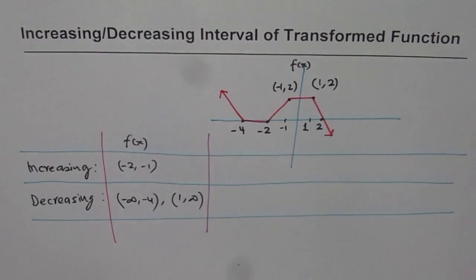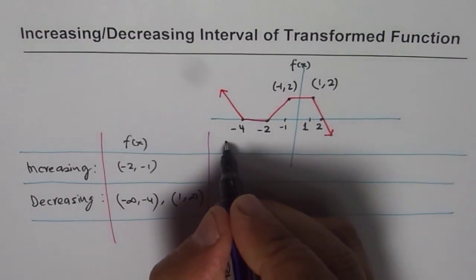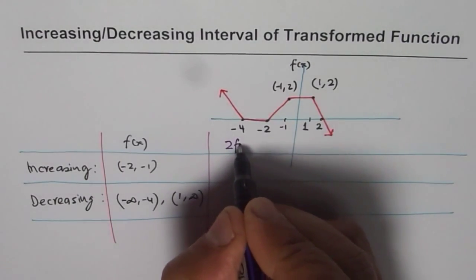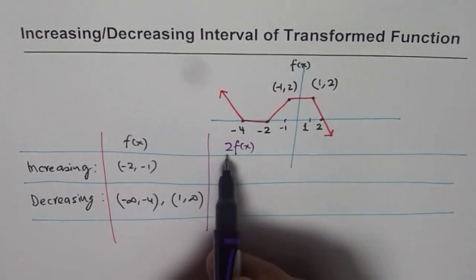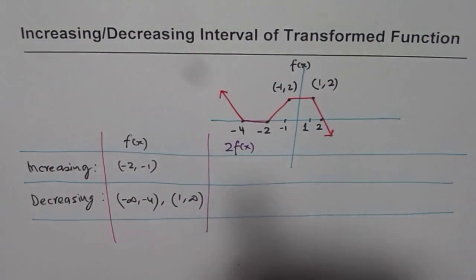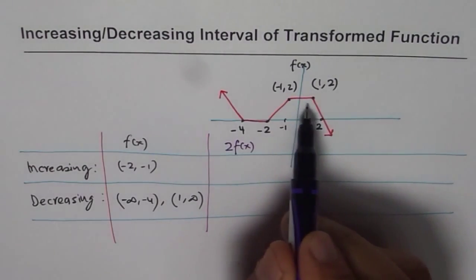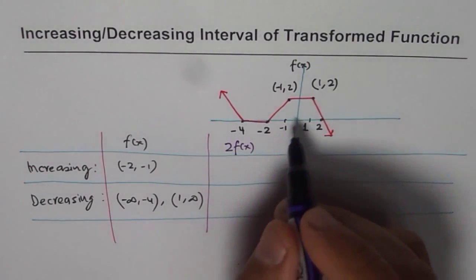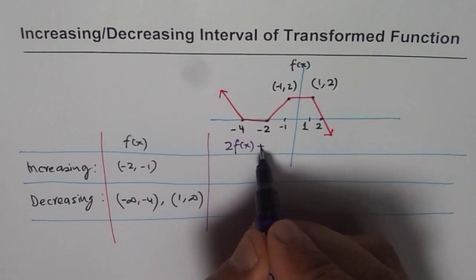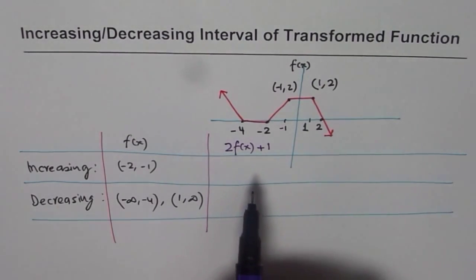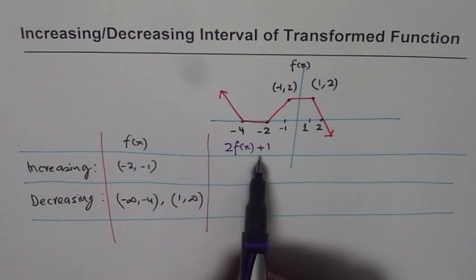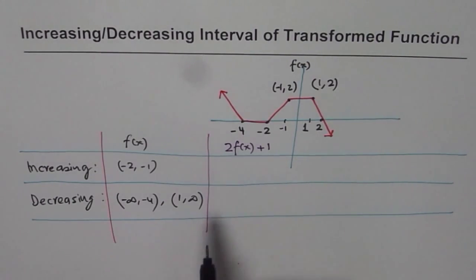Now, if I transform the function, so I can write the transformation like, if the function becomes 2 times f of x, that means vertically stretched by a factor of 2, and let's translate it up by 1 unit. Now the question is, will that affect the increasing and decreasing interval? Think about it.